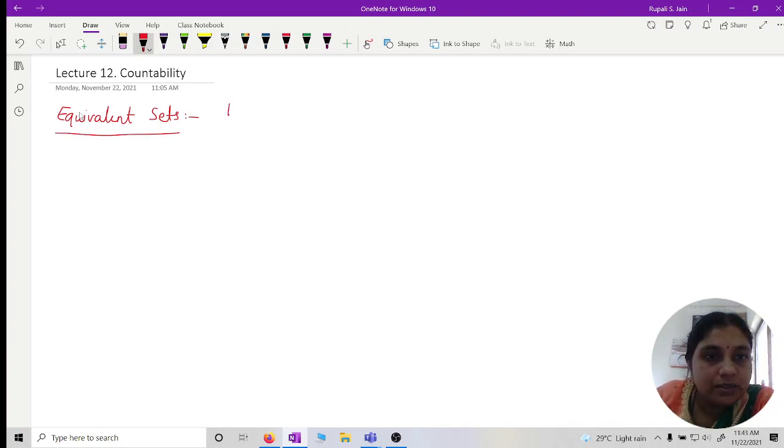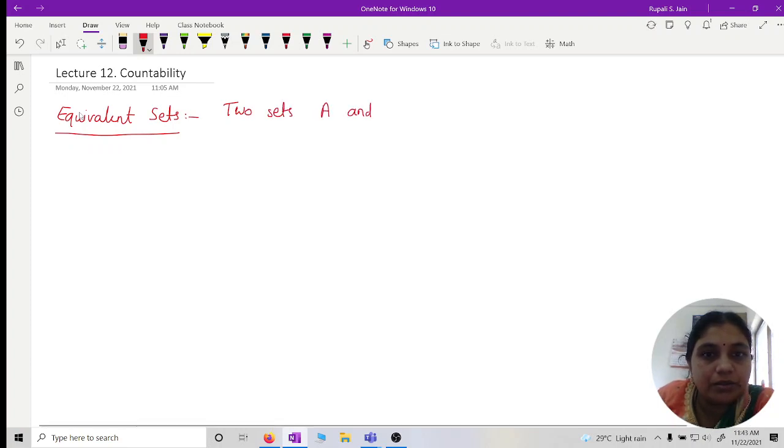So two sets A and B are said to be equivalent if there exists a bijective map between them.